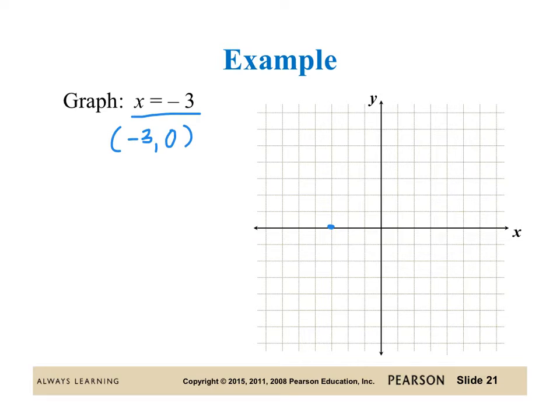And if I choose y to be negative 2, x is going to be negative 3. And if I choose y to be 4, x is negative 3.